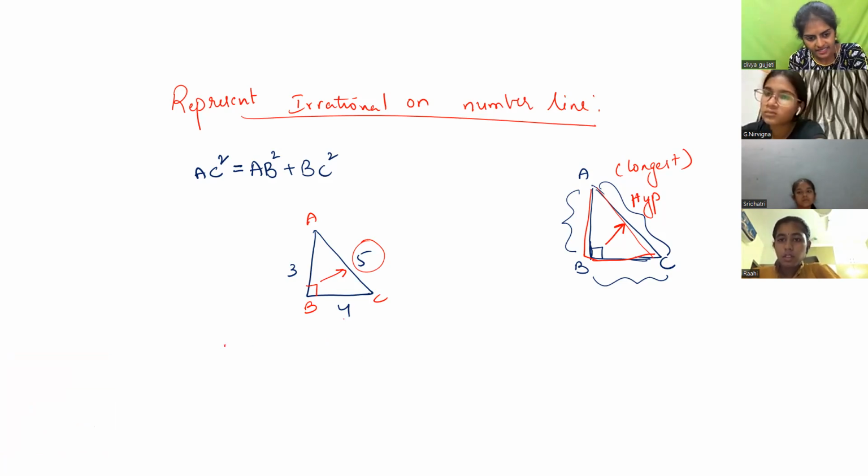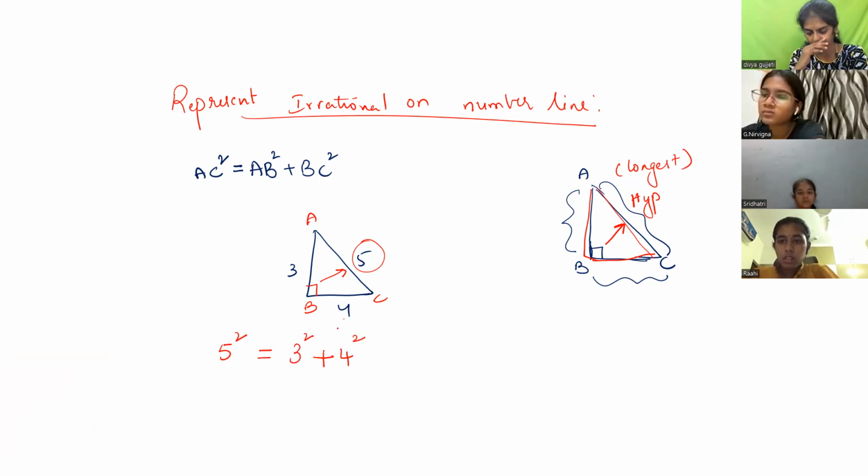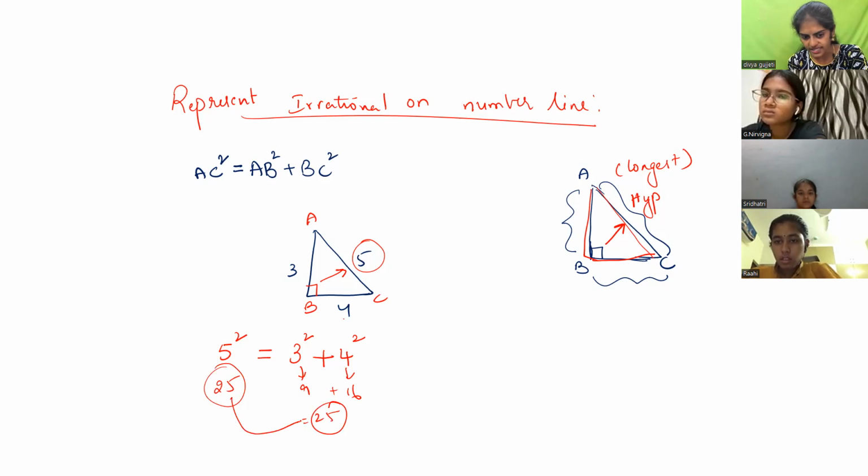The hypotenuse square is equal to the sum of the squares of the other two sides. Square 3 and 4 and sum them: this is 25, here you have 9 and 16, so adding you will get 25 here also. As you can see, the hypotenuse square is equal to the sum of the squares of the other two sides.